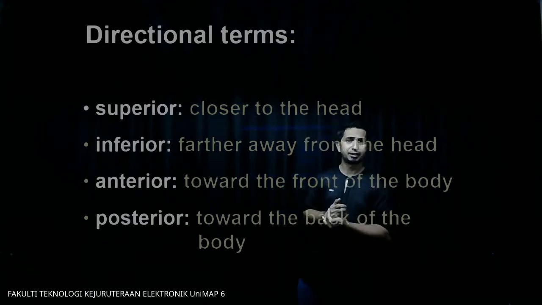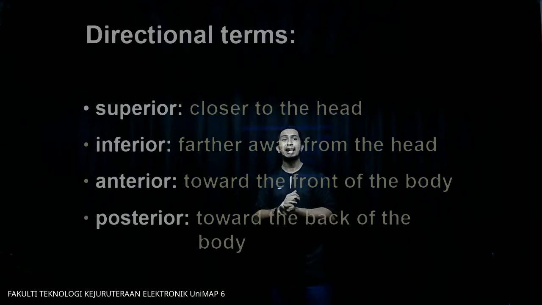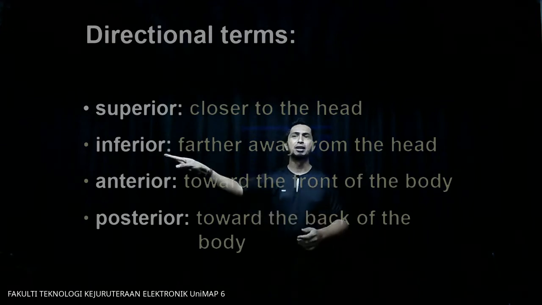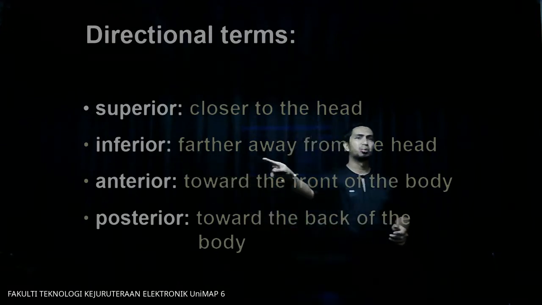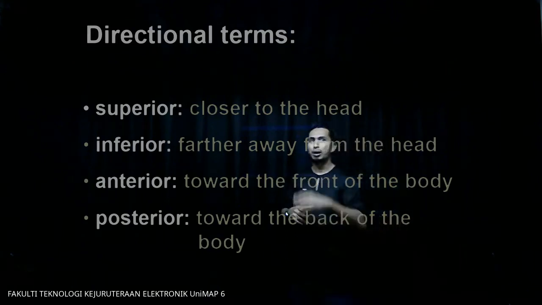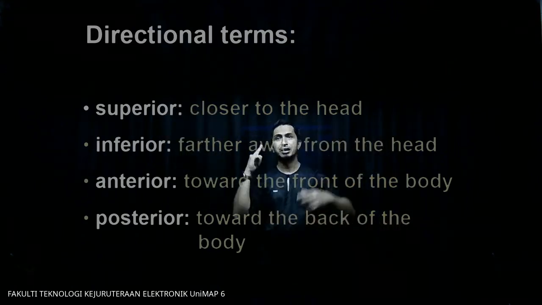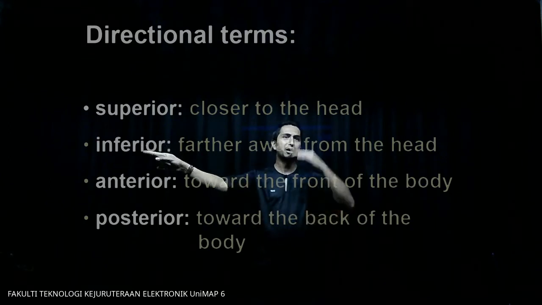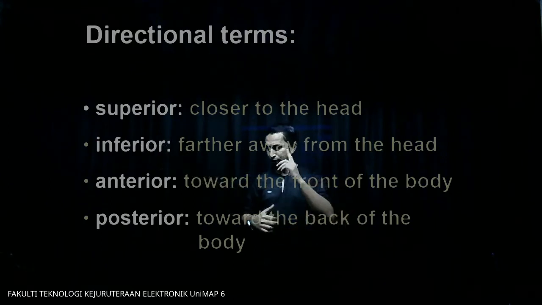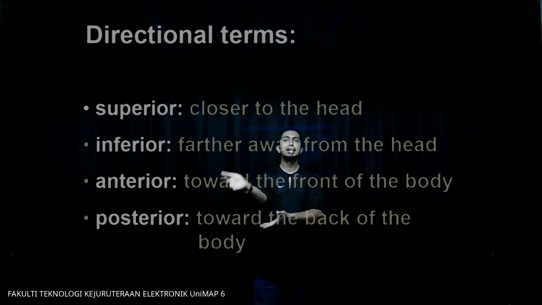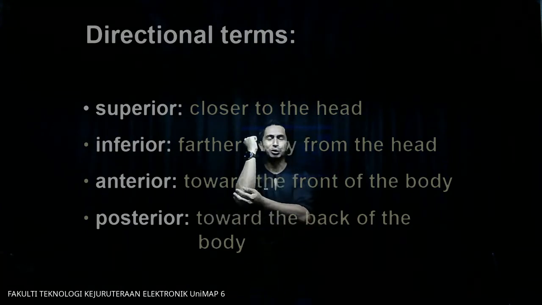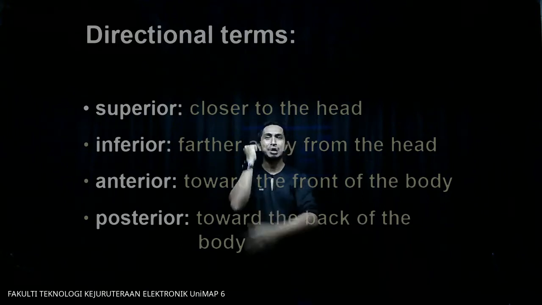And then we have a few terms that you need to remember. One is superior, closer to the head. Inferior is farther away from the head. Let's put some examples. This is my elbow. My elbow and my knee.